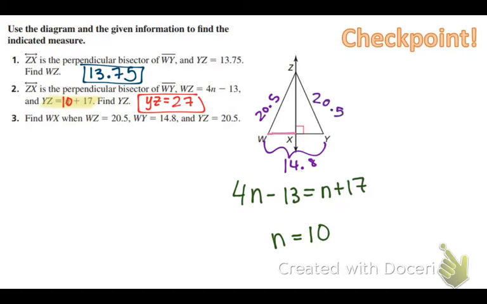So which one of these numbers will help me solve what WX is? 14.8. 14.8 is the length of the entire side. If ZX is my bisector, that means it cuts this entire side in half. How do I cut 14.8 in half? Divide by 2. So 7.4 and 7.4. That'd be my final answer.